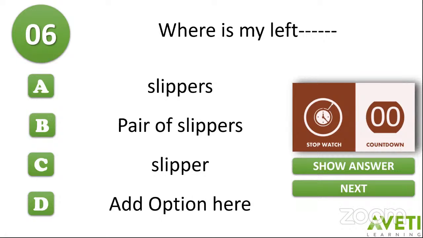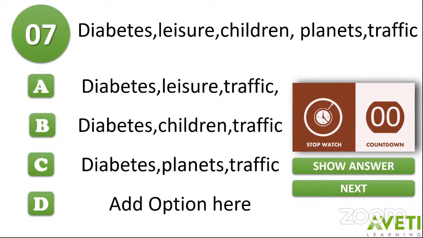Okay, here five options are given: diabetes, leisure, children, planets and traffic. Out of these five, three will go under uncountable nouns. Three things will go under uncountable. So please see which option suits. Three words will come under uncountable noun: diabetes, leisure, children, planets and traffic.